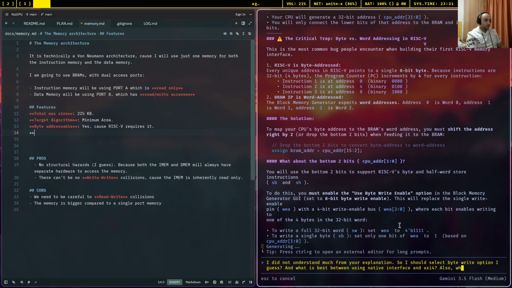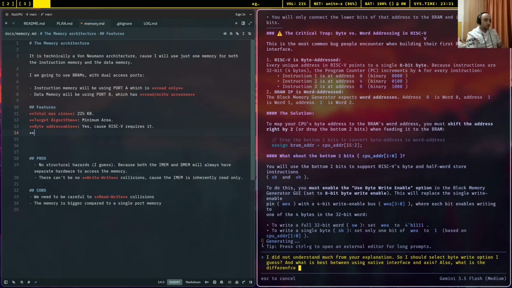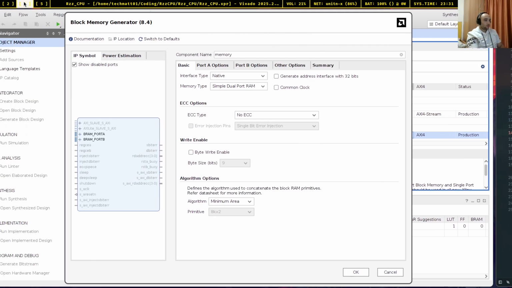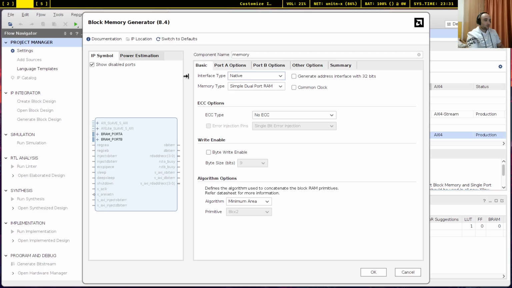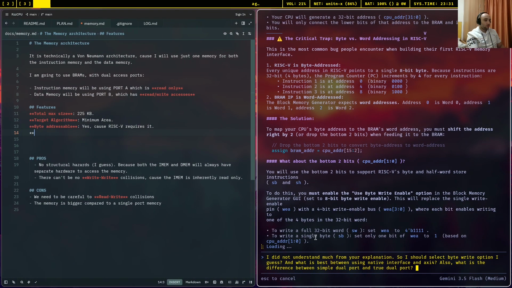Also, what is the difference between simple dual port and true dual port? And should I use parity bits?